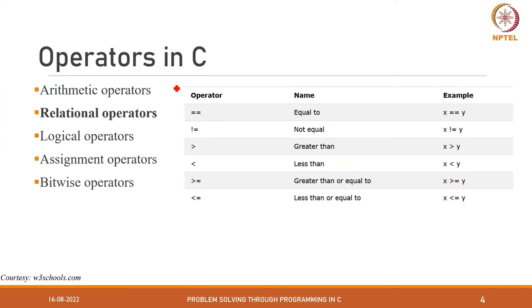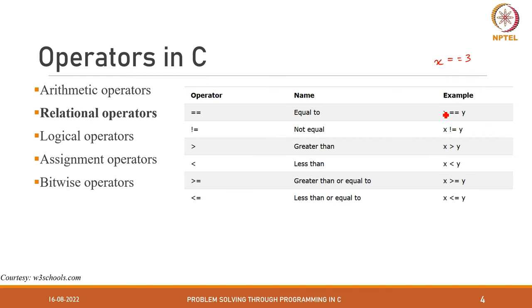The next kind of operators that we have seen are relational operators. They can be used to compare the values of two variables, so basically the relation between two variables can be found out. Say I am asking: is x equal to 3? Is the value of x equal to 3?